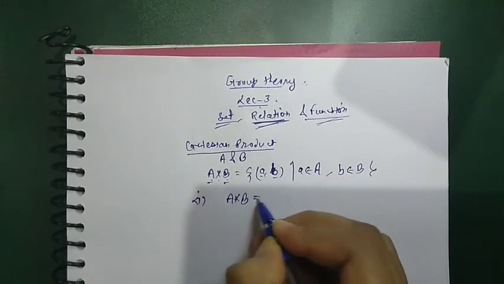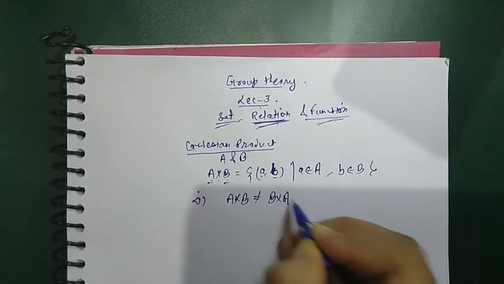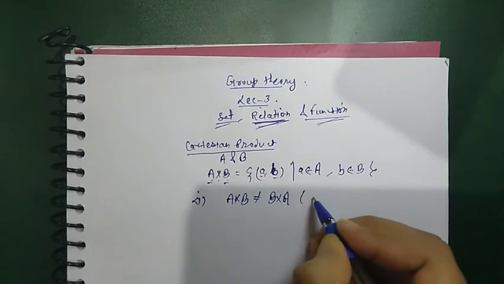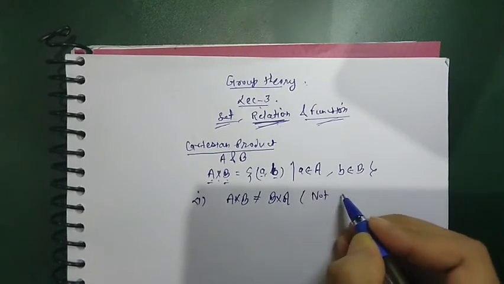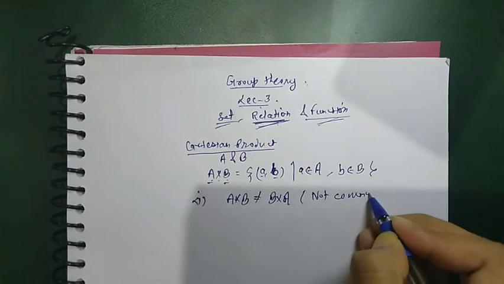A cross B is not equal to B cross A. That means it is not commutative.